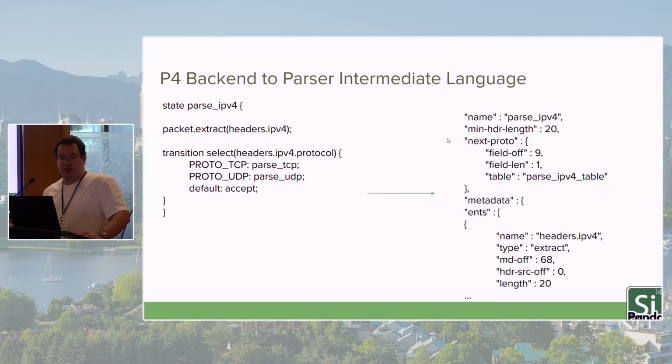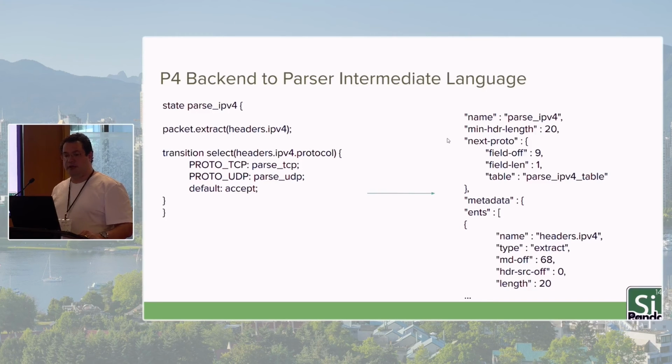And the parse states translate very well to the concept of parse nodes in the parser intermediate representation. So you can see that we're able to extract the parser IPv4 as a parse node there, which has the same name. We know how many bytes it is going to have at minimum, because that's how many is extracted in the data.